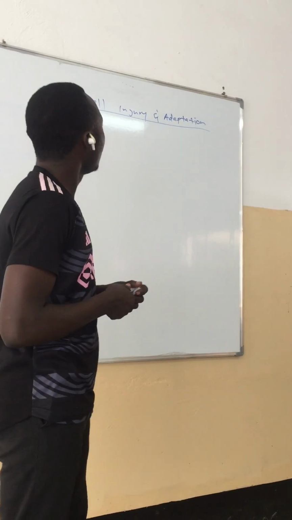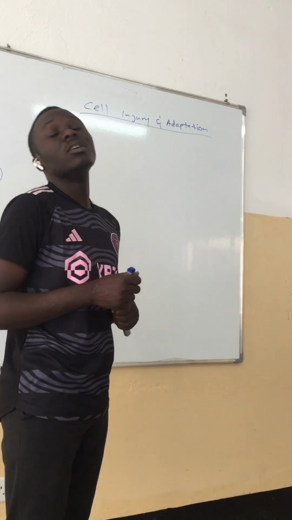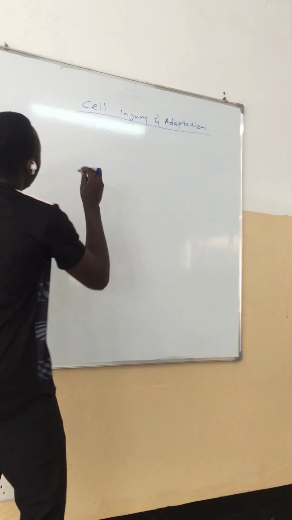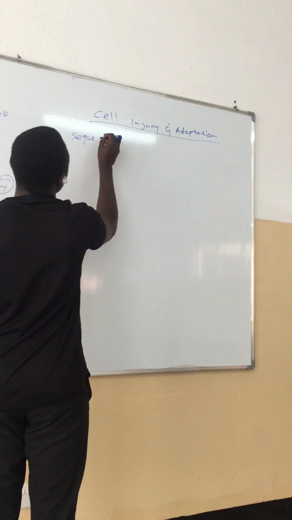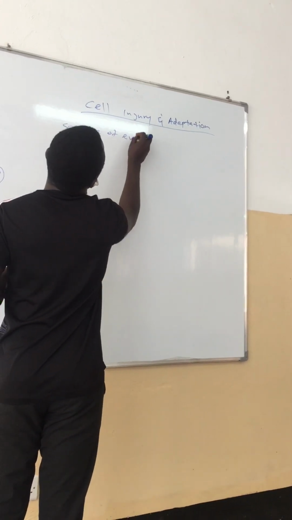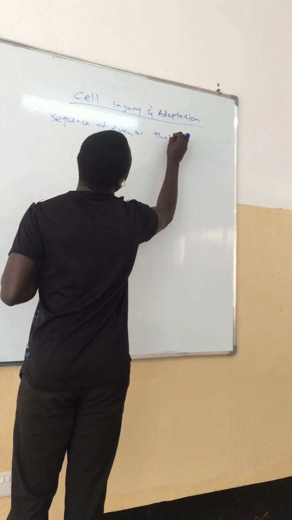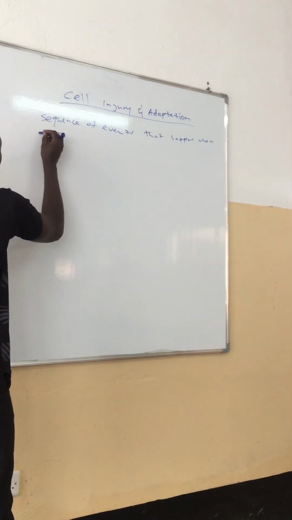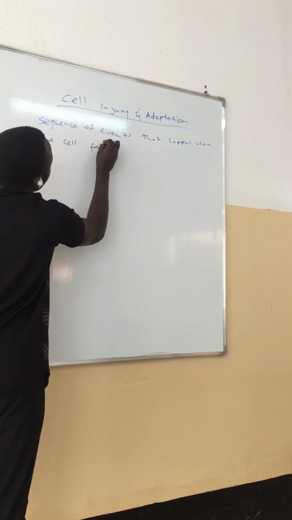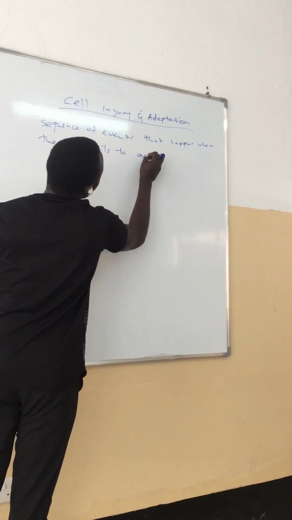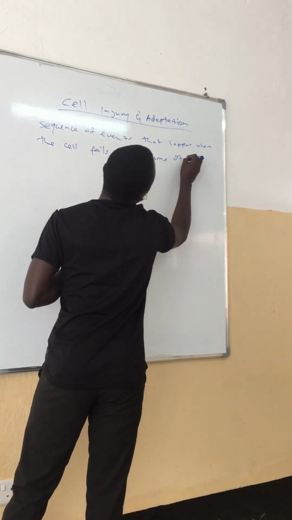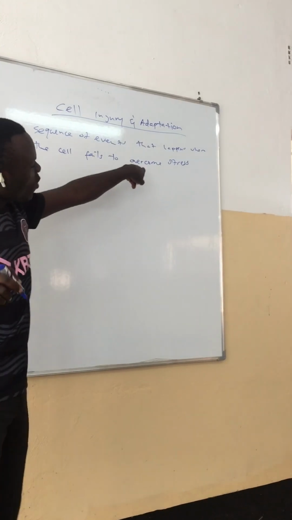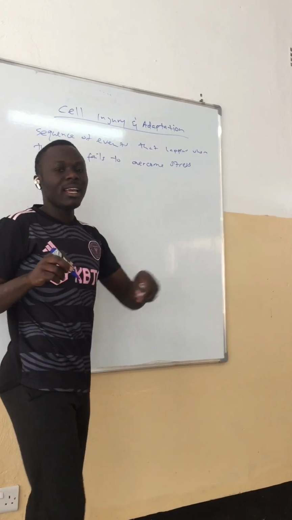So a cell injury is a sequence of events that happens when the cell fails to overcome stress or an injurious stimulus.